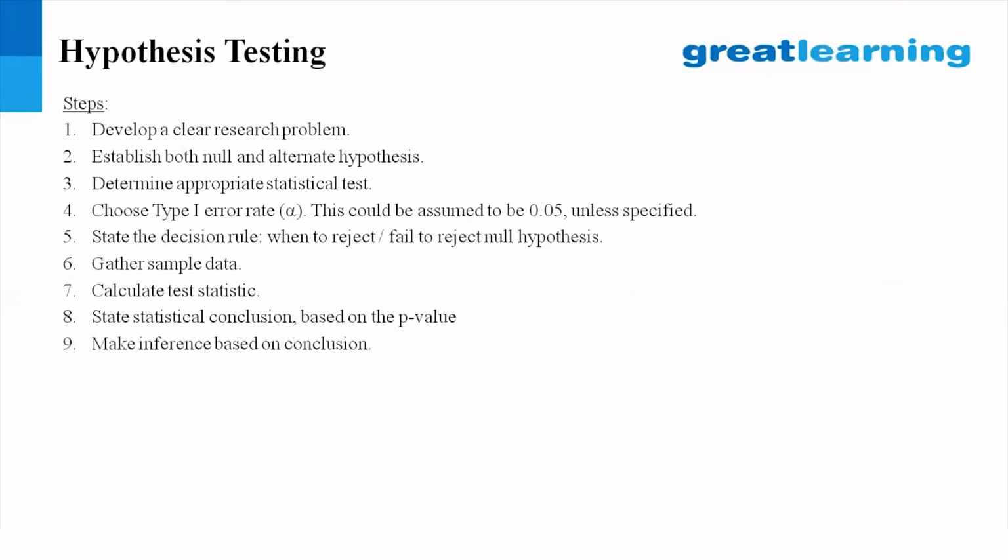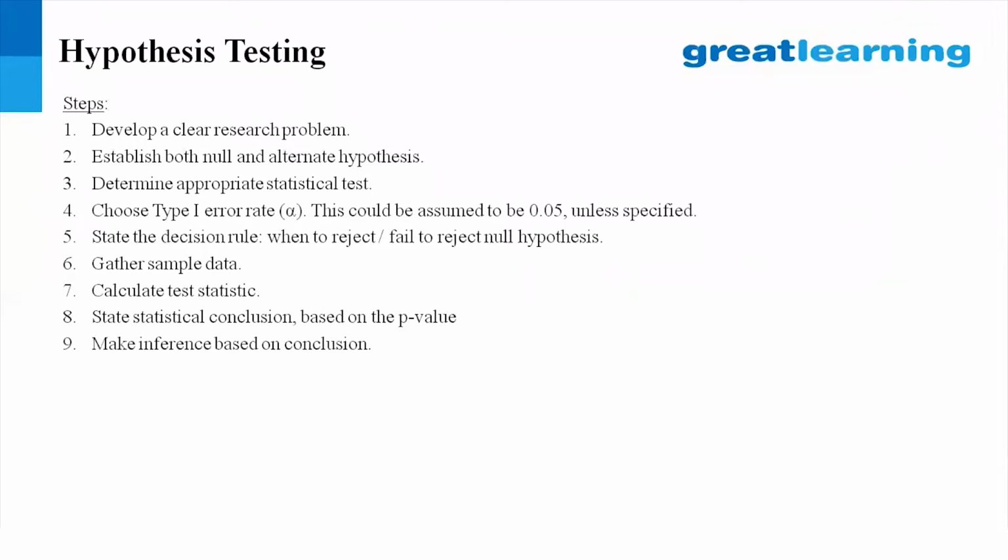After that, using the p-value, you can make inferences about your conclusion. That depends on the alpha that you're considering. Say for example, you've considered alpha to be 0.05 and your p-value is less than 0.05. If it is significantly lesser than 0.05, in that case you're very sure that whatever you're saying actually holds true.